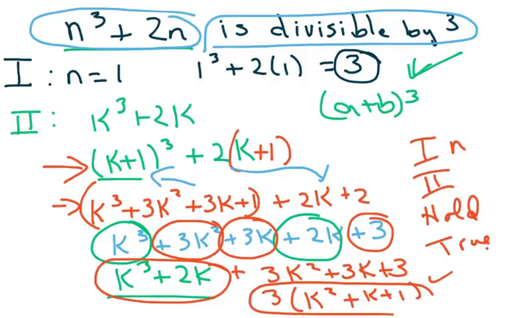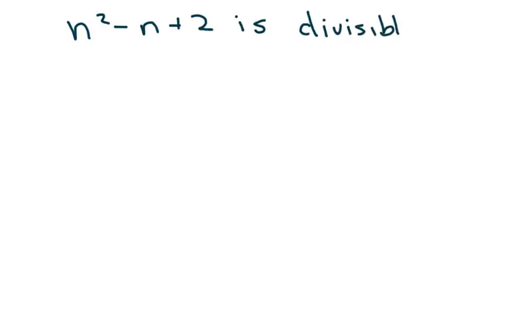We can try one more. Let's try, this one looks scary here. So we have n squared minus n plus 2 is divisible by 2. This will be the last one.